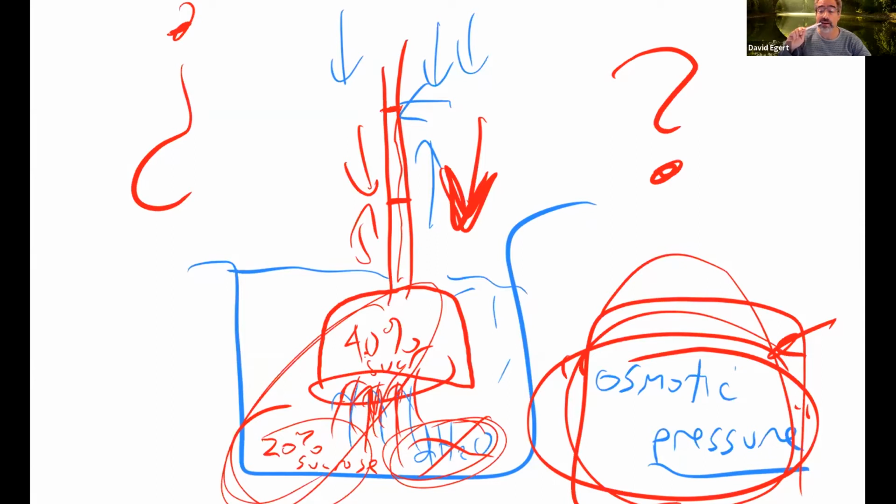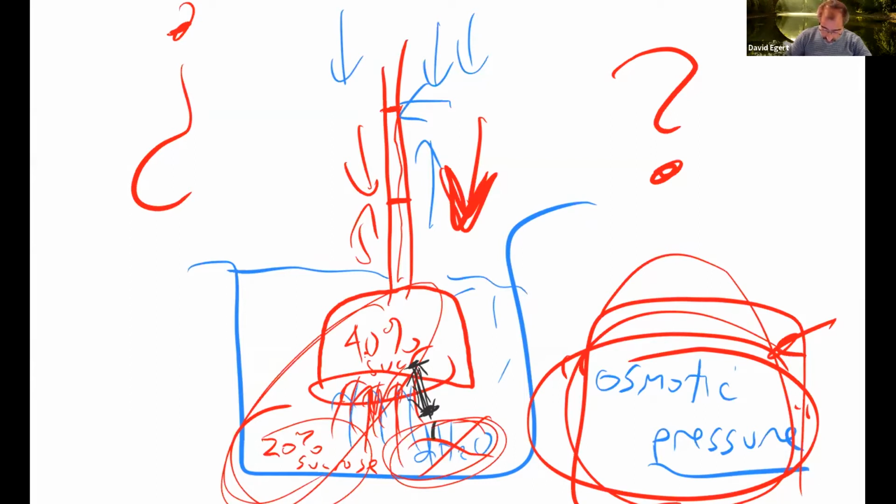Crystal clear? Could you please explain one more time this particular condition with the 20% sucrose outside and 40% sugar inside of the funnel? All right, so again, the main thing we're looking at right now that affects the rate of osmosis is the difference in concentration across the membrane of sucrose in this case.